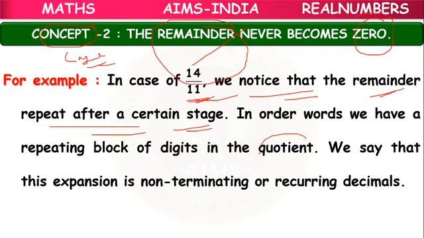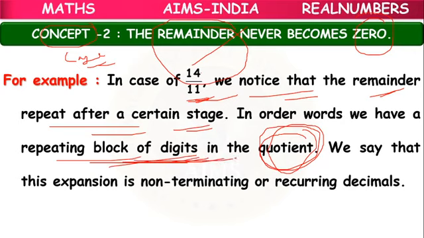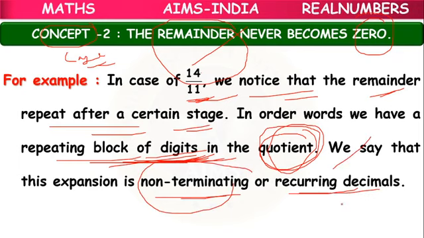So in the quotient part, we will have a repeating block of digits. As it is not terminating, we can call it a non-terminating, recurring or repeating decimal. So we can call the decimal expansion non-terminating recurring decimal.